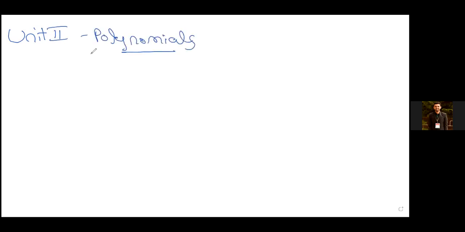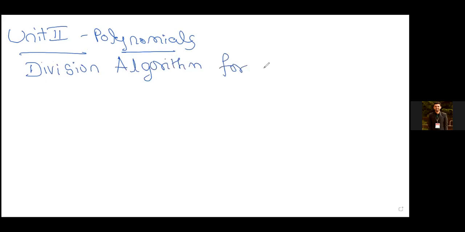That is on division algorithm for polynomials.